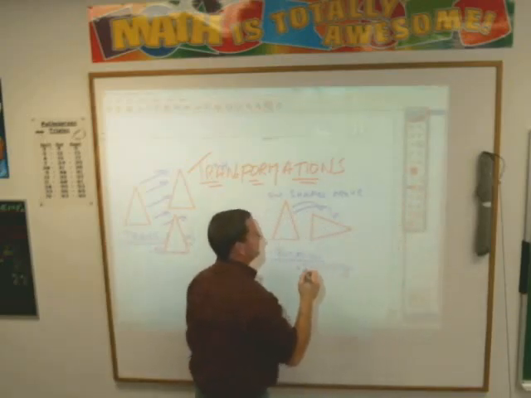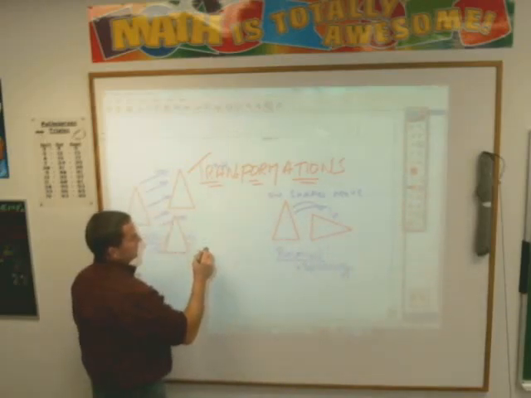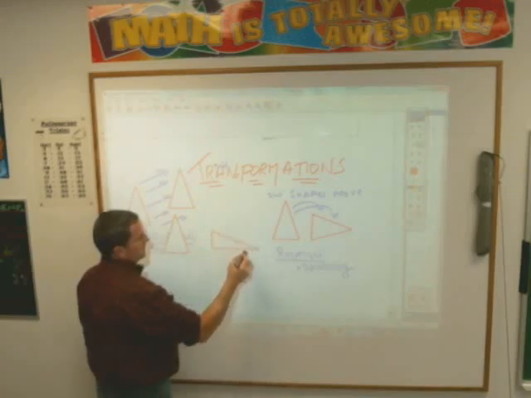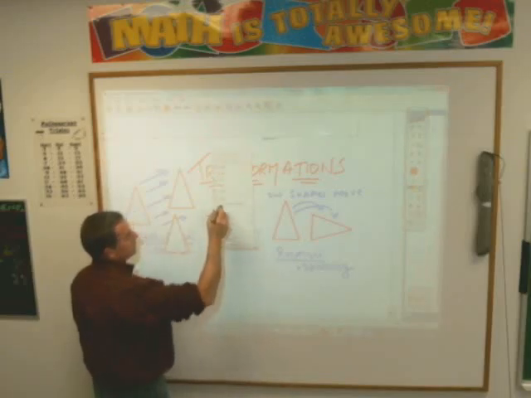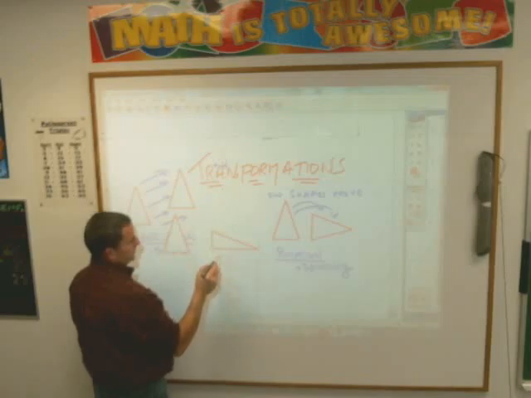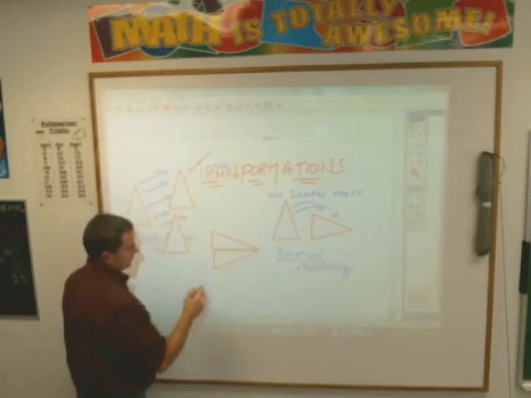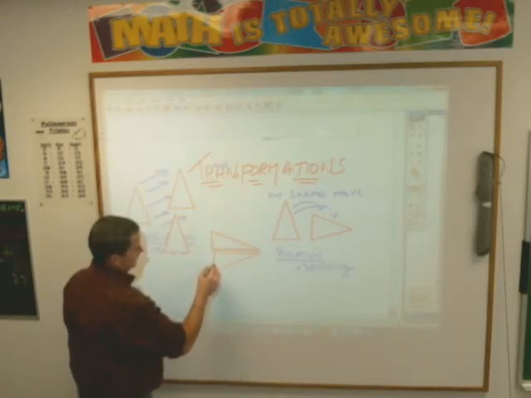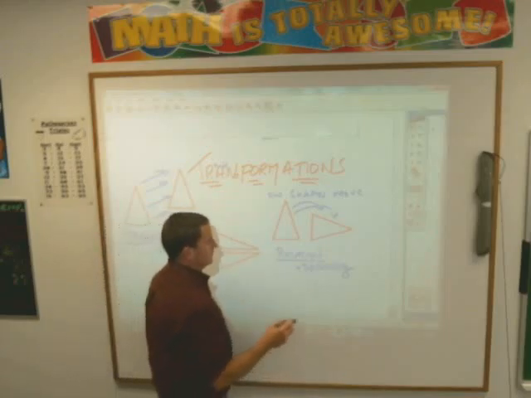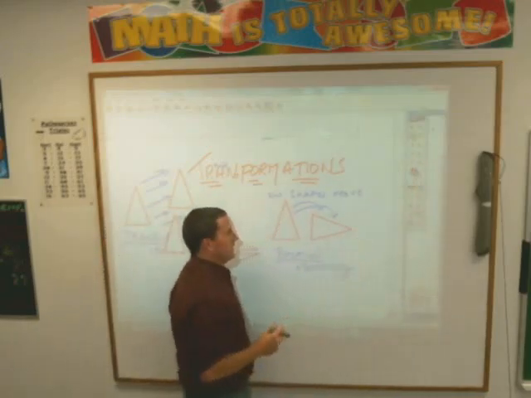How about a right triangle? Let's say I've got this shape like this, and I end up with this like this. What is that called?